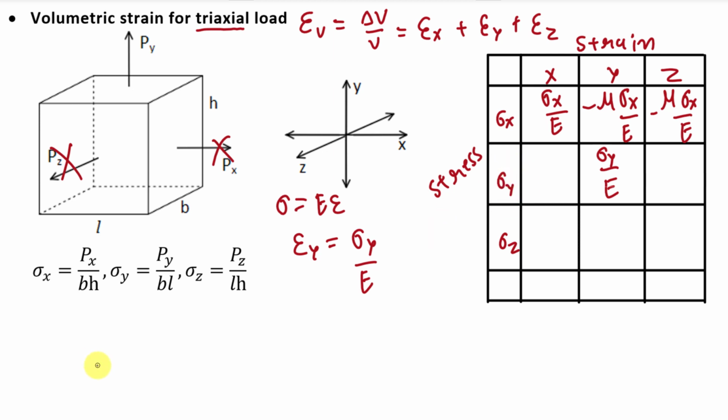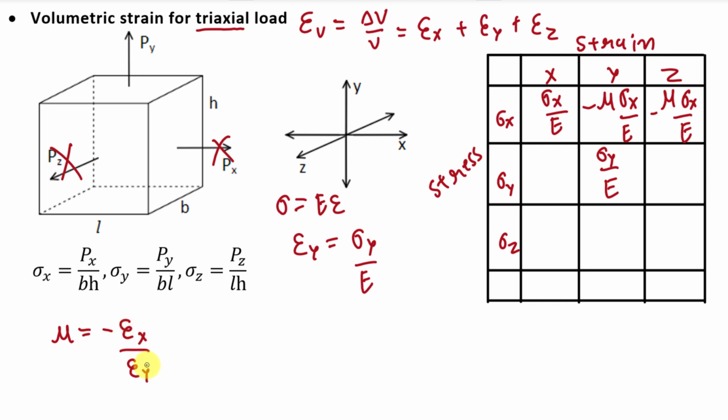Now again, what is the value of mu? Poisson ratio mu will be lateral strain divided by linear strain. Now at this time linear strain will be in y direction and lateral strain will be in x direction and in z direction. So mu will be the ratio of minus strain in x direction divided by strain in y direction.